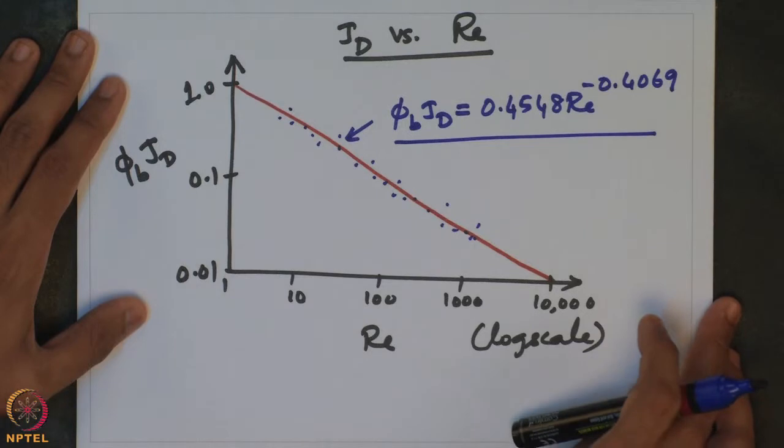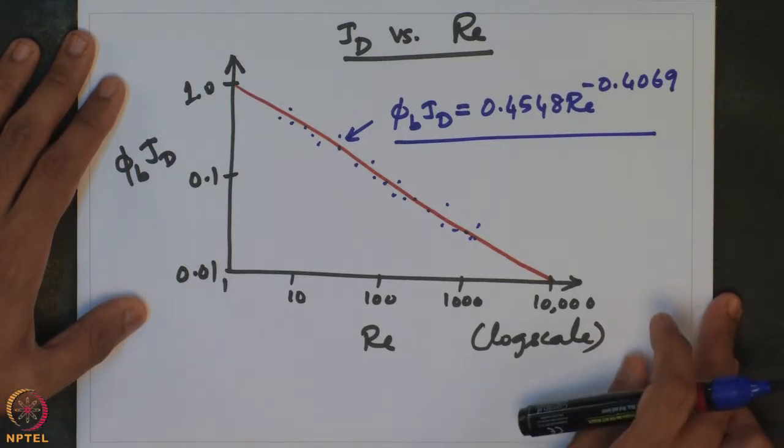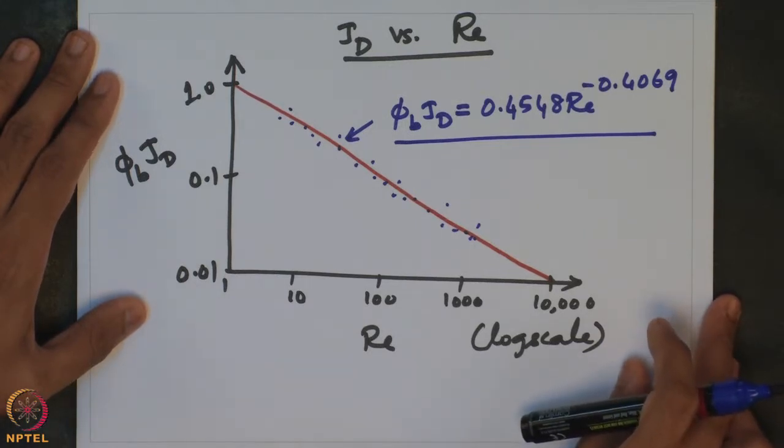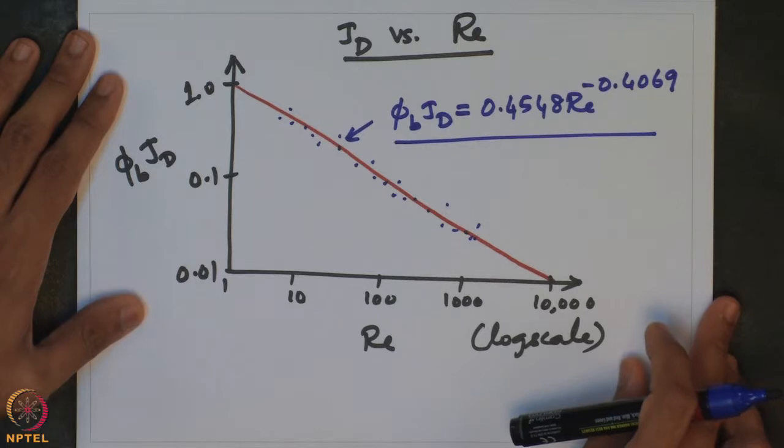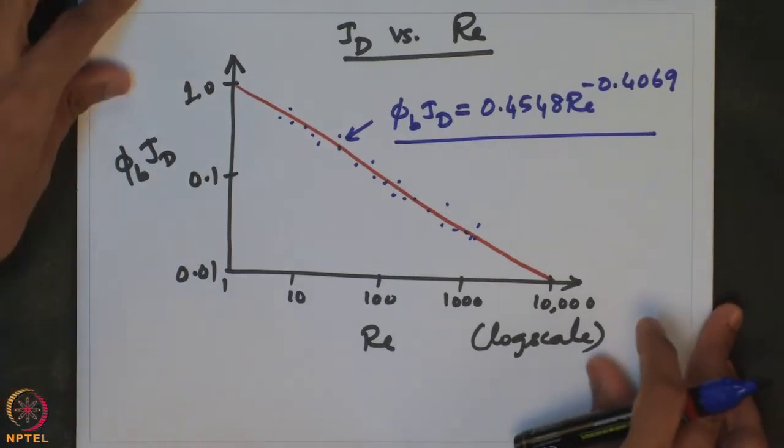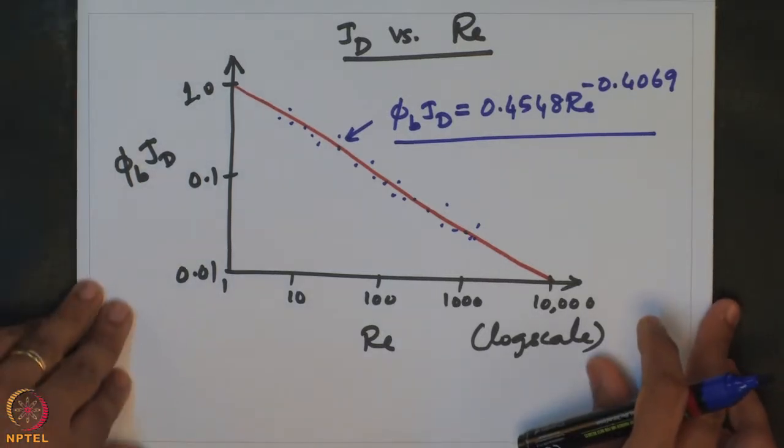Now, there are many different types of correlations which are actually available for flow through packed beds, for estimating the Colburn factor for flow through packed beds under different conditions. And there is a correlation which essentially summarizes all these different correlations which are available for different conditions and different systems.